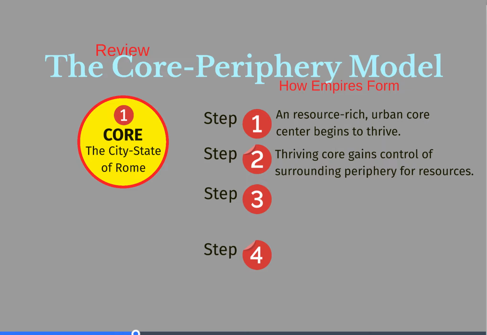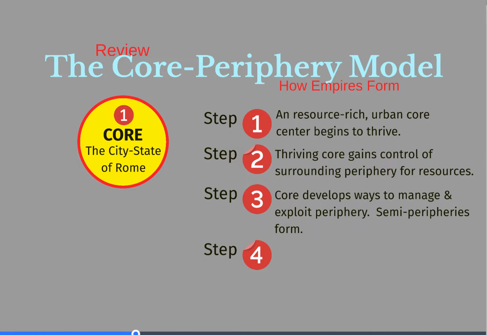Step 3 is when the core develops ways to manage and exploit the periphery, and it starts to form semi-peripheries, and it starts to formalize its control over the surrounding periphery through territorial conquest. This is exactly the step that you're going to read about in the textbook tonight.